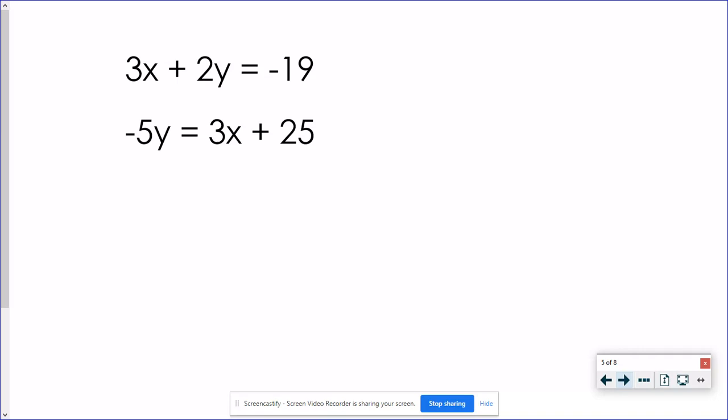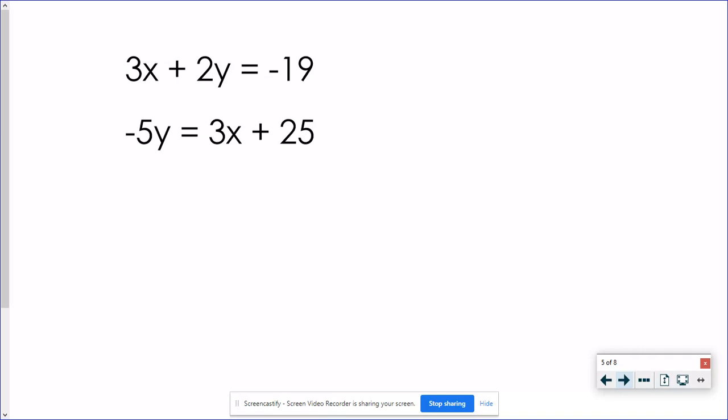I have a new issue on this one. I don't have everything all lined up. Just noticing where the equal signs are, they are not lined up. And I don't have x and y together on one side, for instance. We've been doing most of our problems like the top equation looks, with the x and the y together and it's equal to the constant, the regular number.